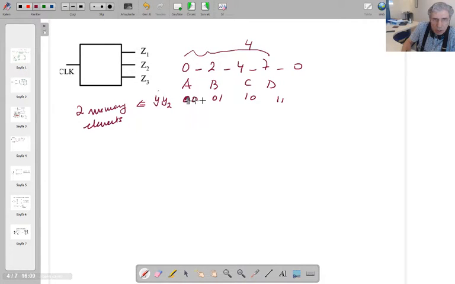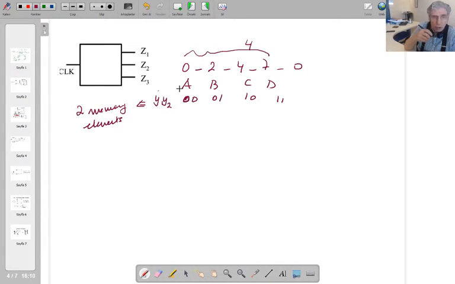Why is that? Because the numbers that you can represent by these 2 memory elements are limited, but I need number 7. So that means I cannot take the Z output as state variables. Z1 equal to Y1, Z2 equal to Y2, Z3 equal to Y3. I cannot say so because there is no Y3.